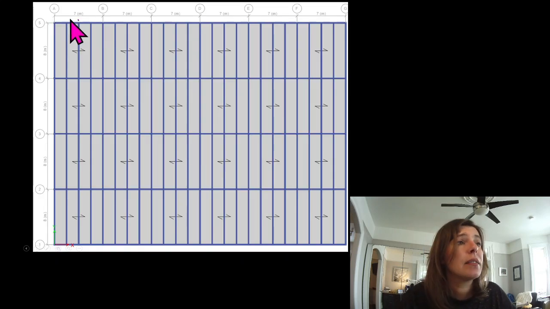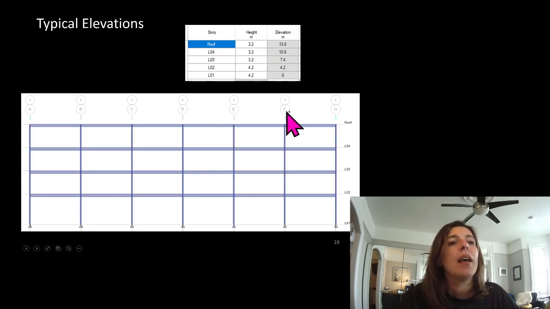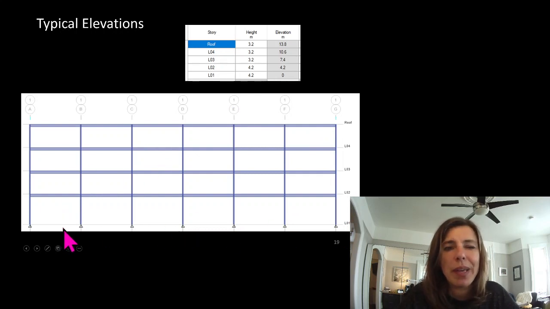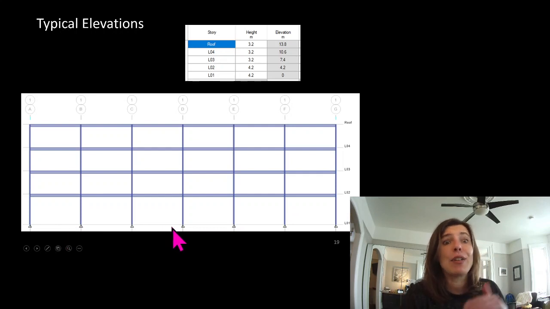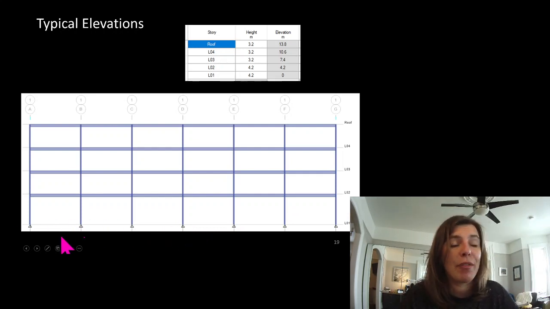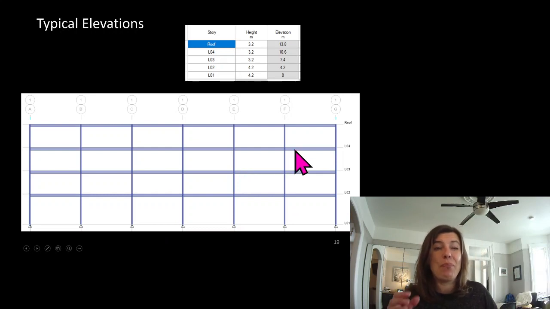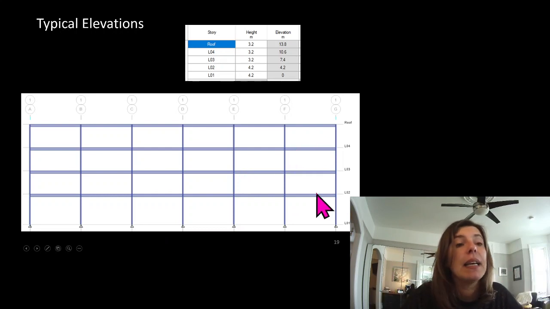Here it is in plan. Here are our 6 bays that are 7 meters each, and here are 4 bays that are 8 meters each. And here's an elevation, or a section through our building, where we've got level 1, which we haven't modeled, because if you were an architect, you would have a lot more drawn in here. You'd probably have a ground floor and a slab. But we're just talking about the bones of the building.